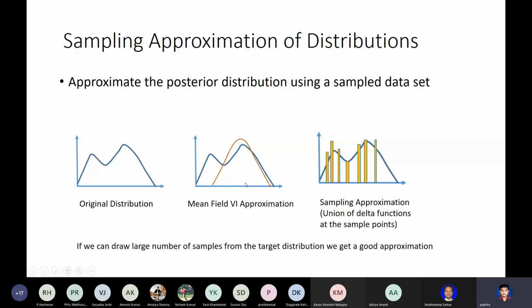Another way is that if we can somehow draw a large number of samples from the original distribution. One more thing I'll do is that by this original distribution, I will usually mean this posterior p(theta given x). But in general, it can be any distribution.